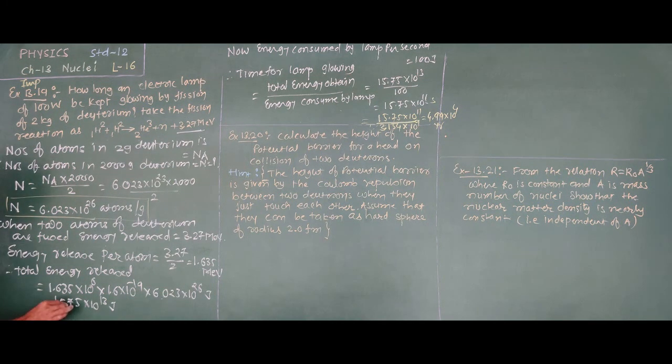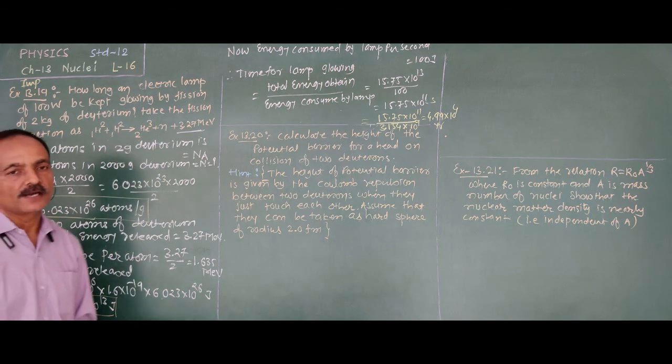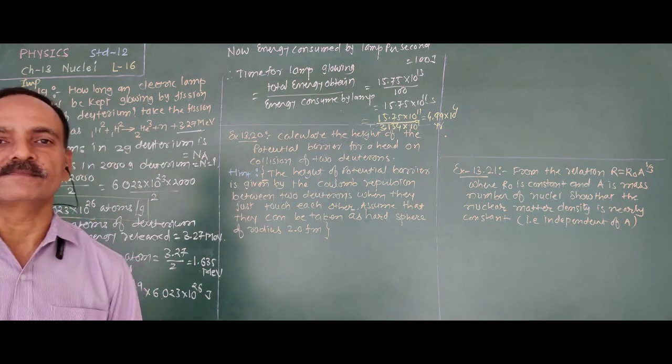Therefore, 15.75 into 10 to the power 13 joule energy is released due to the 2 kg of deuterium.